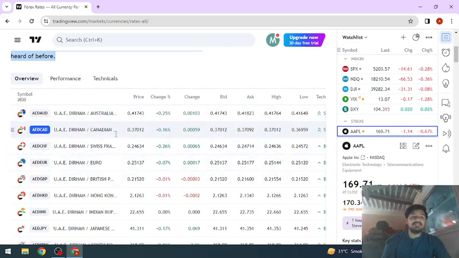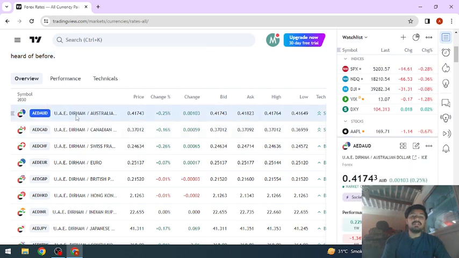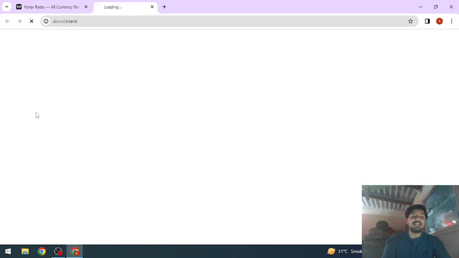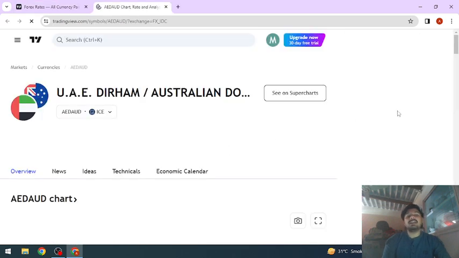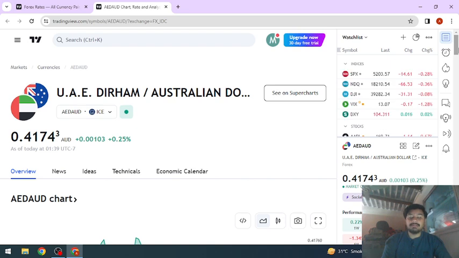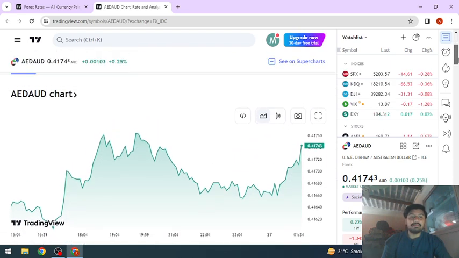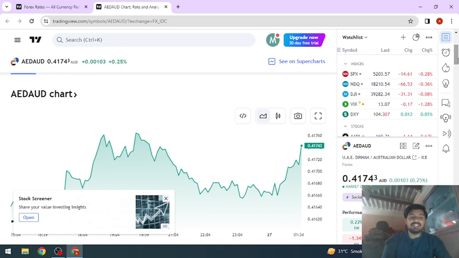You can see these are all the currency pairs. If we talk about the first currency pair, when I click on this, we check the analytics about the Australian dollar and Dubai dirham. So this is the map, this is the chart.